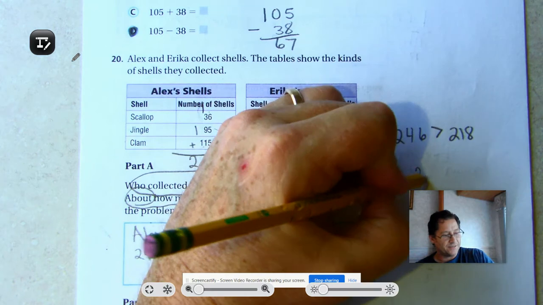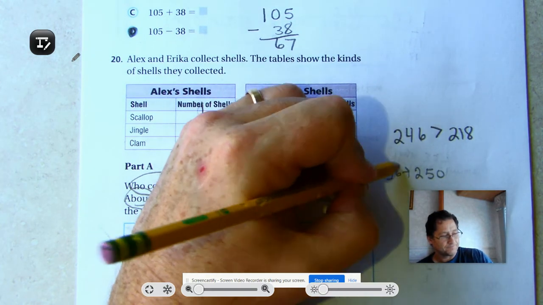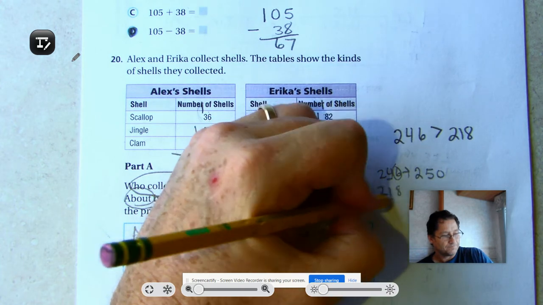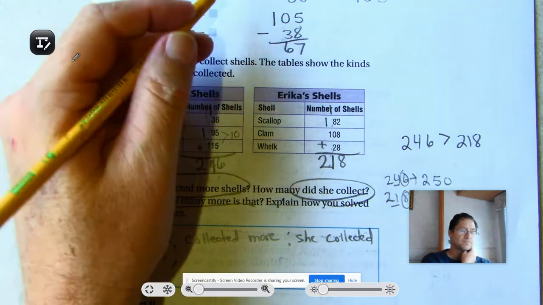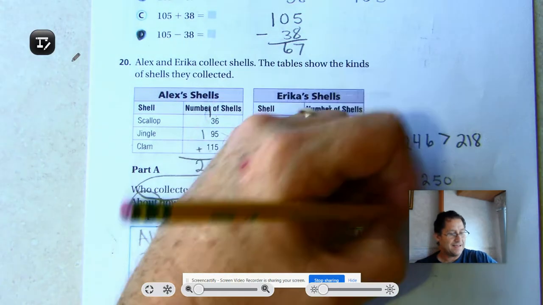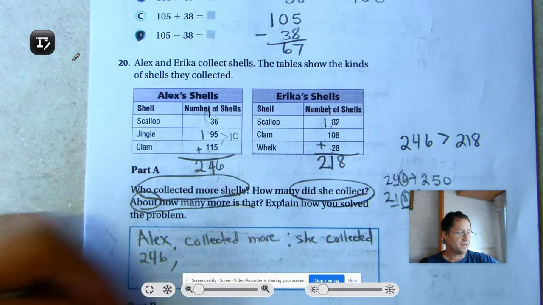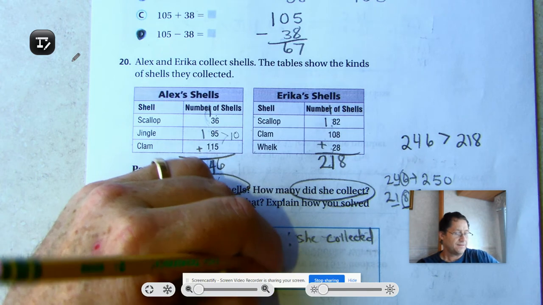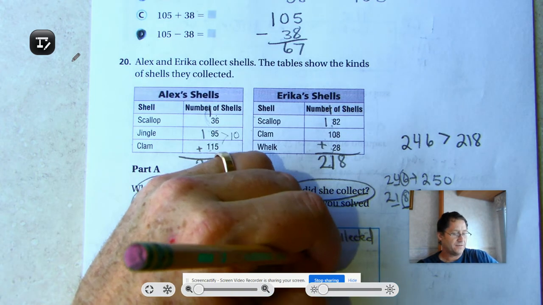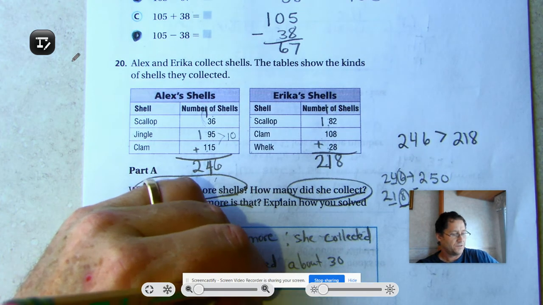Well, let's round these to the nearest 10. And I would say they're about 30. She collected about 30 more shells.